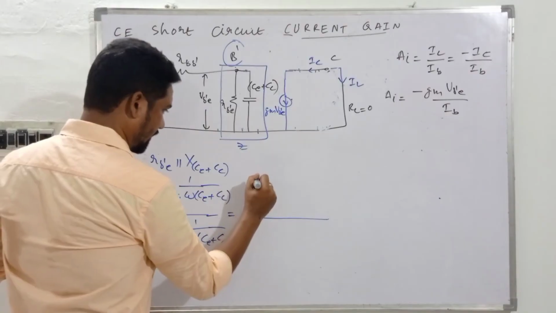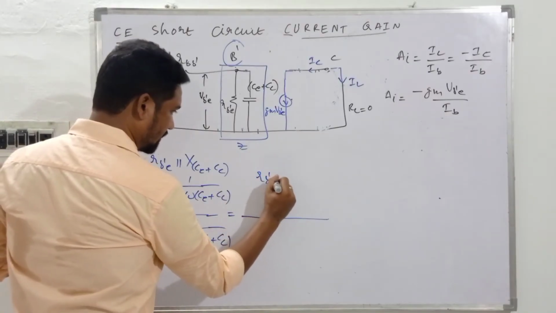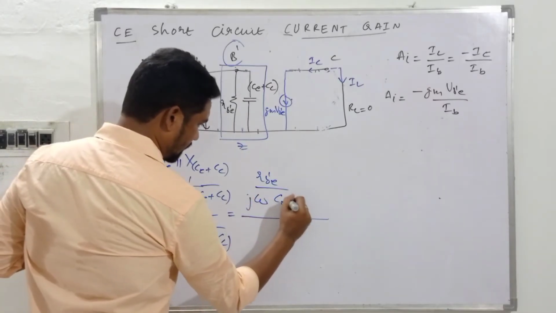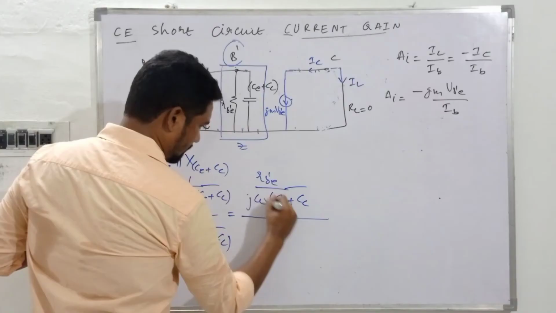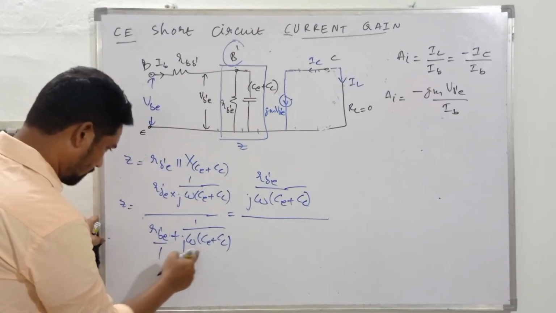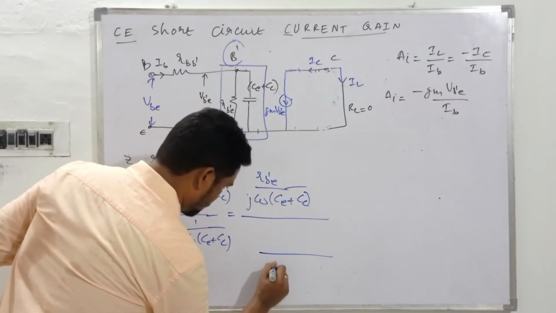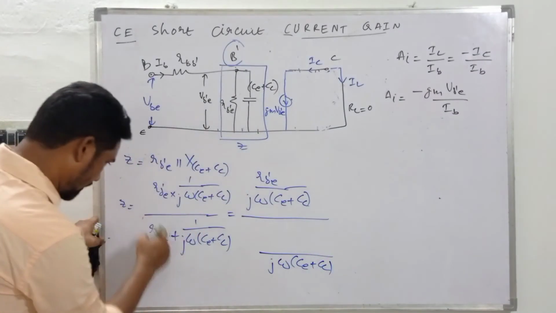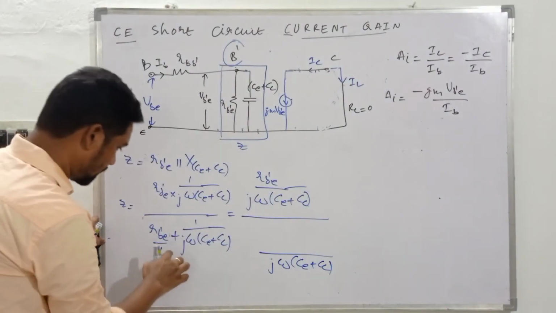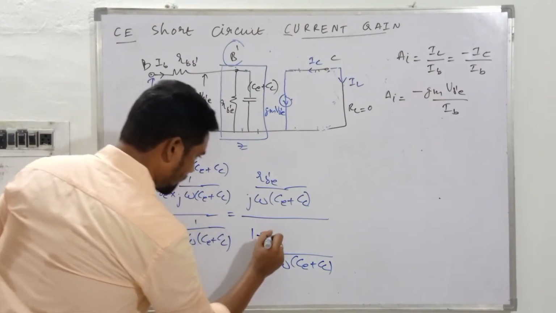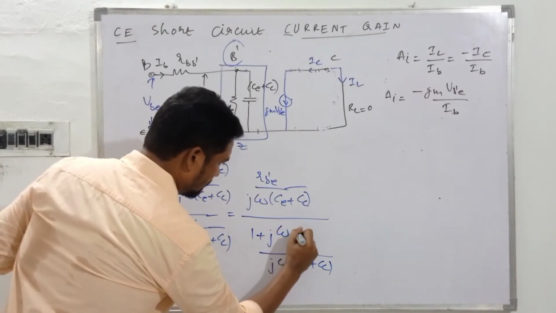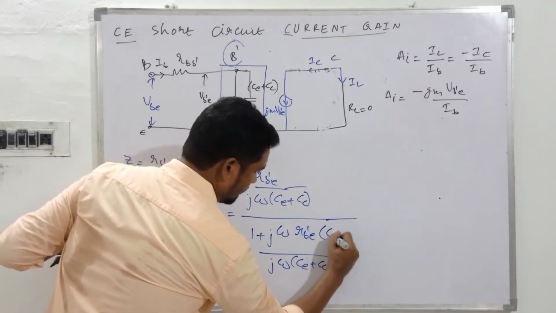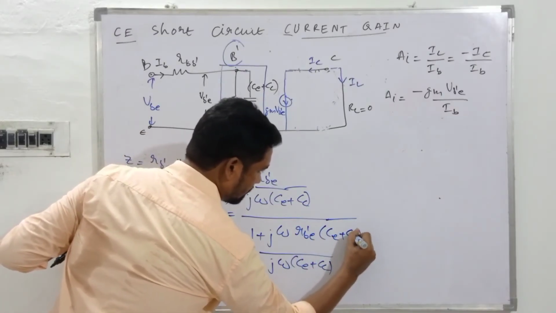In the denominator part we have RB'E by j omega (CE plus CC) plus, and over here the LCM will be j omega (CE plus CC), and cross multiplying this ratio, we get 1 plus j omega RB'E into (CE plus CC) as the simplification.